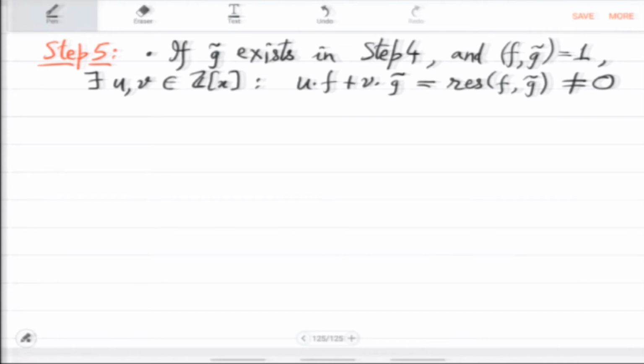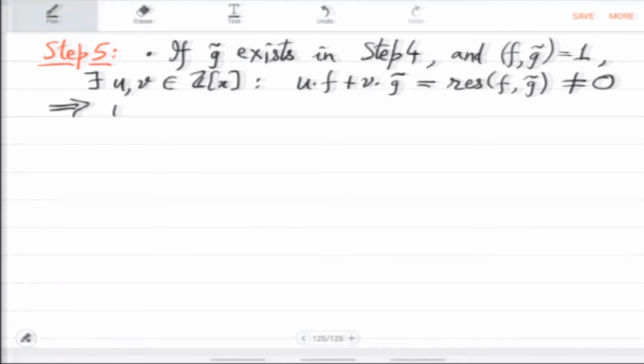Okay, what do you do here? As you can guess, you have information about how F factors and how G tilde factors. So use that information.